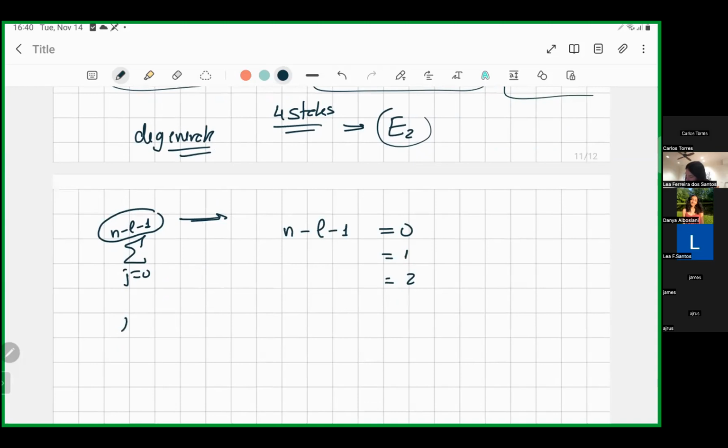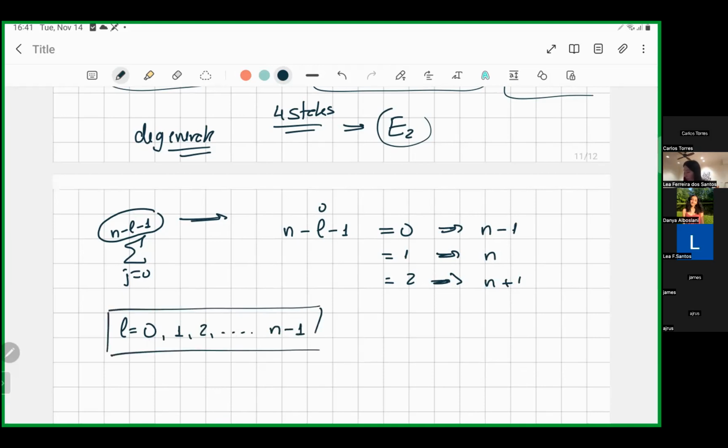The value of L can be 0. If I put it here, then I have N minus 1. It can be 1, so then it would be the value of N. And then it can be N plus 1 and so on. So L can be 0, can be 1, can be 2, can be up to N minus 1.